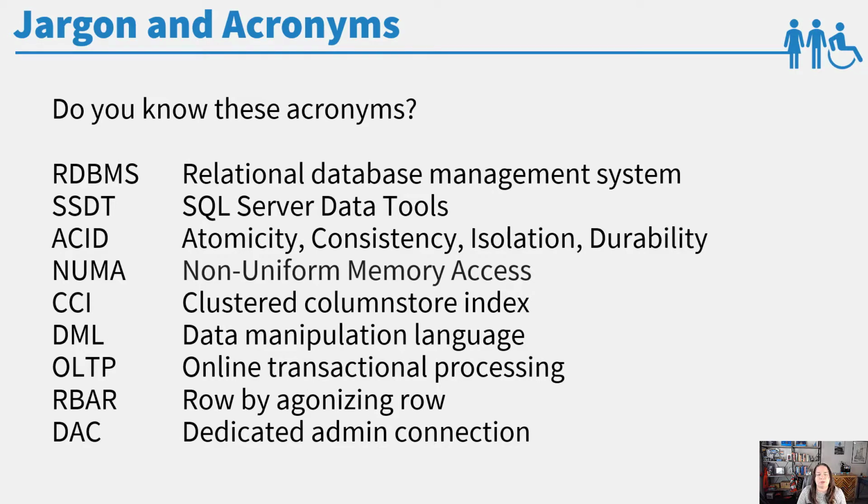I asked for examples on Twitter of this, and the first one that came up was NUMA. Is it non-uniform memory access or non-uniform memory architecture? Now, in this case, the two people who had that question knew what NUMA is for and how to use it. They just couldn't remember the actual word that was represented by the A.